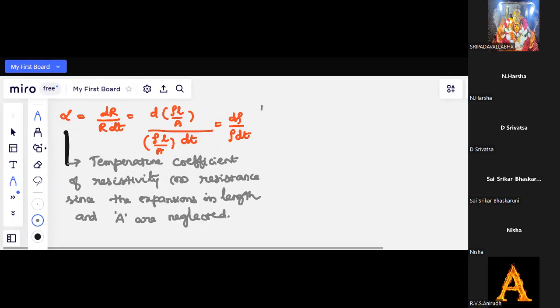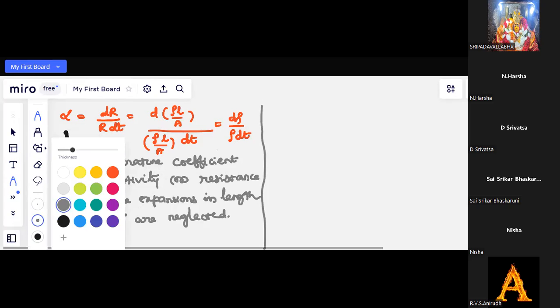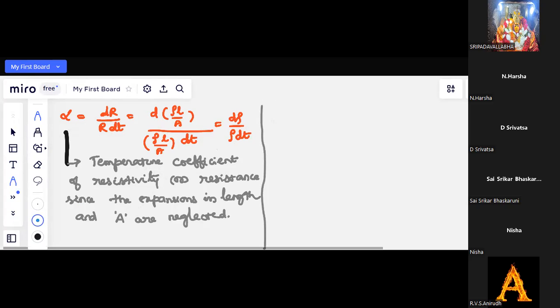From here, we are going to see how the resistance changes by changing the length and area of cross section. And how do you change the length and area of cross section?